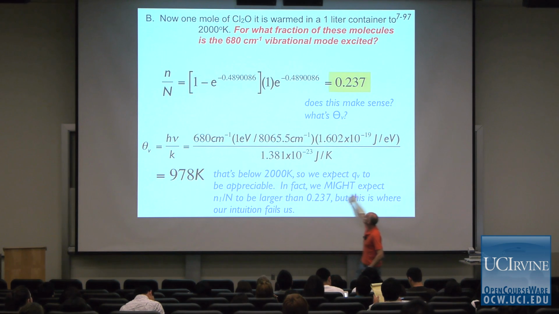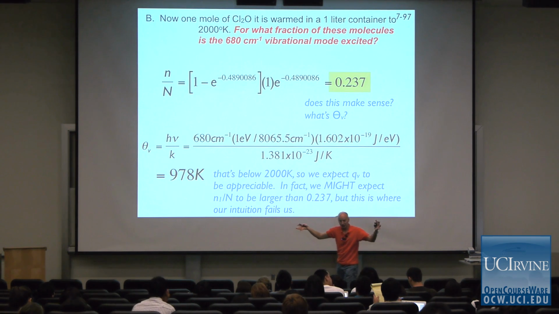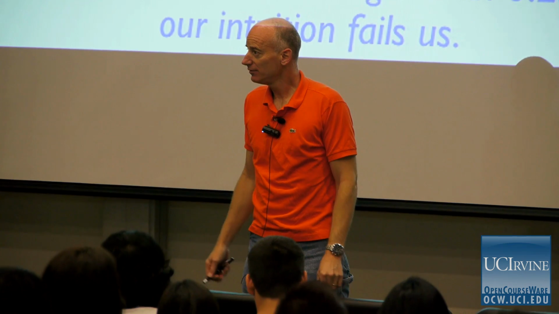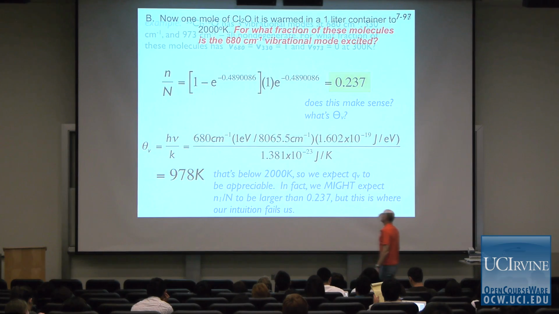And we're at 2,000 degrees, so we expect there to be an appreciable population. 24% could be. It doesn't sound unrealistic. Everyone see what I'm talking about? Okay.